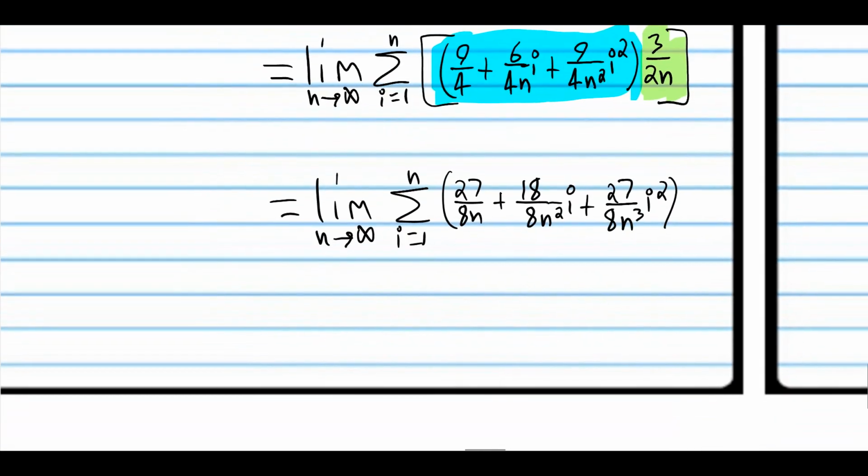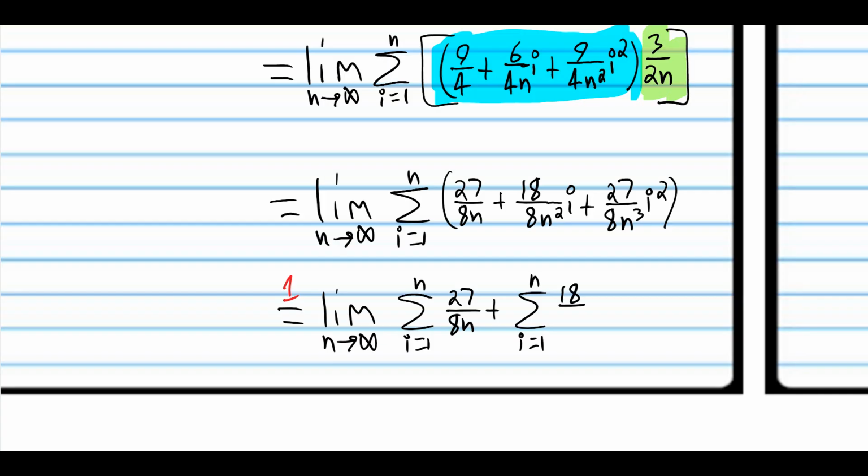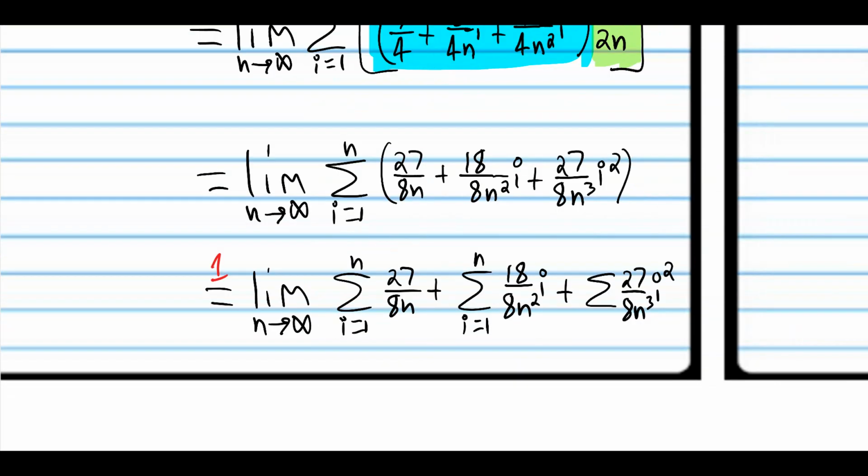Okay. And so now we're going to use sigma property number 1 and separate or create 3 sigma expressions. And probably should use parentheses.